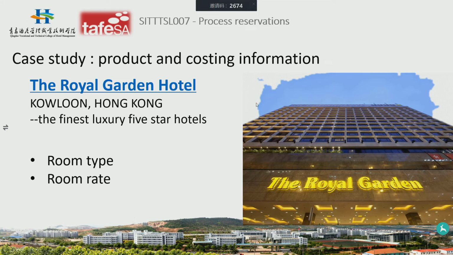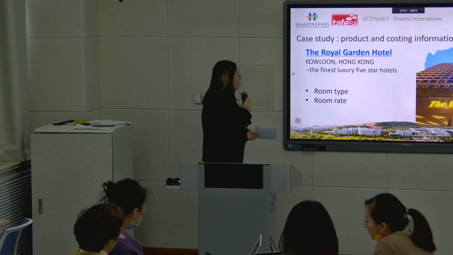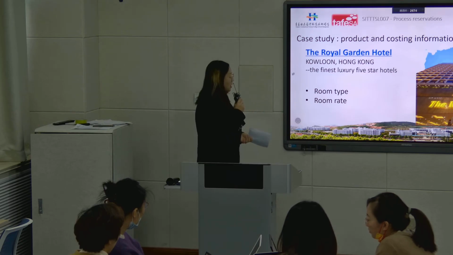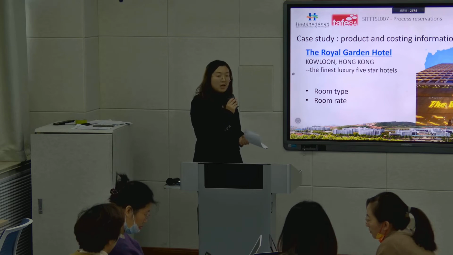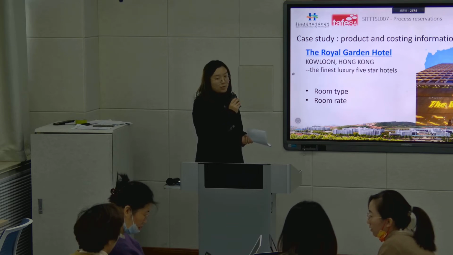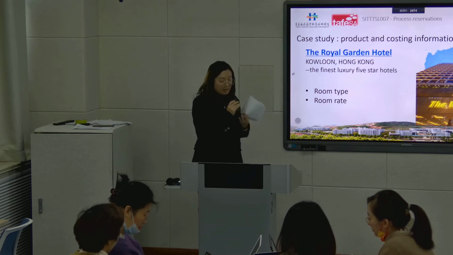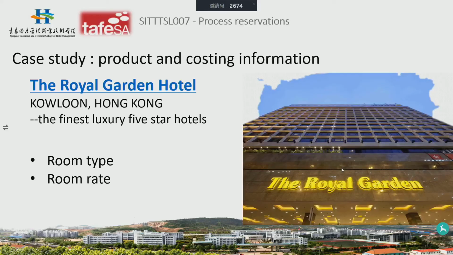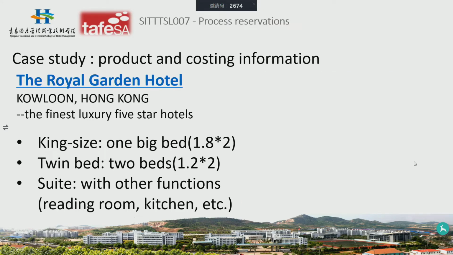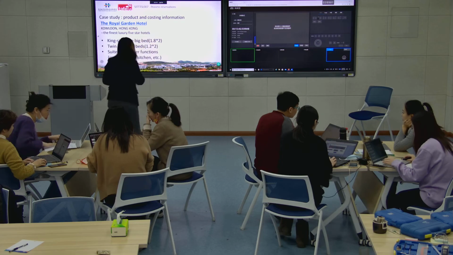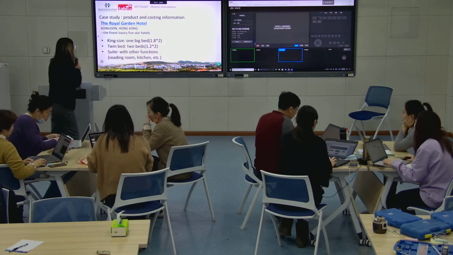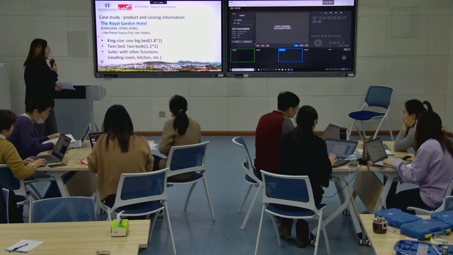So after reading the material and knowing the information about this hotel, we need to sum up some knowledge about the room features, the room type, and room rate. The first one is room type. As we know, basically speaking, there are 3 basic types of rooms, right? King size.